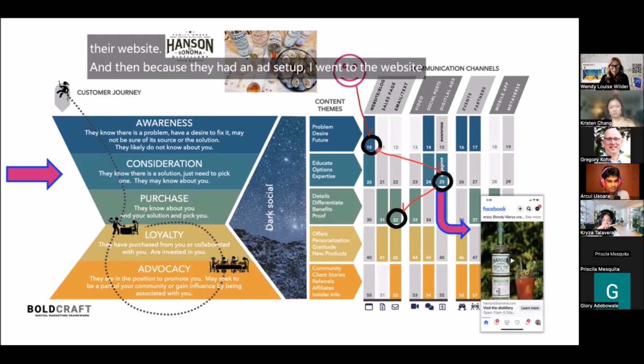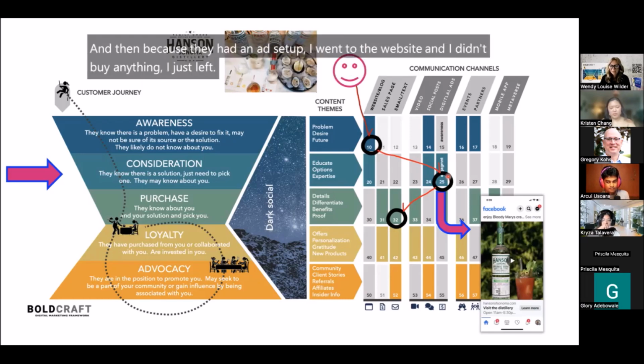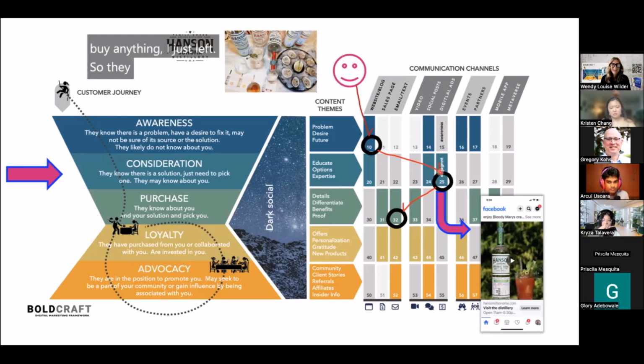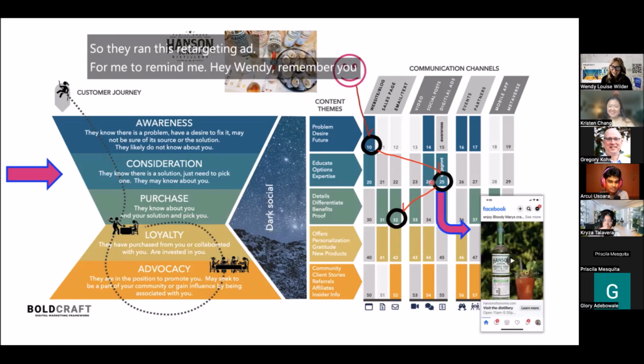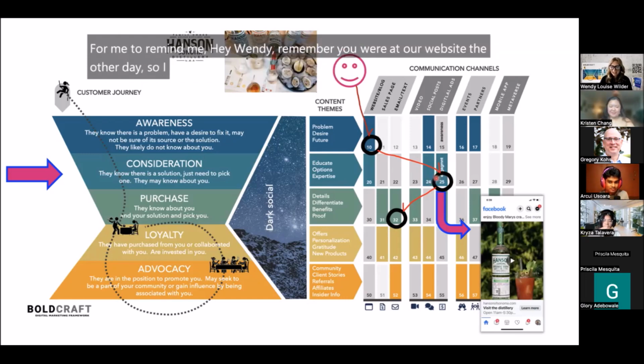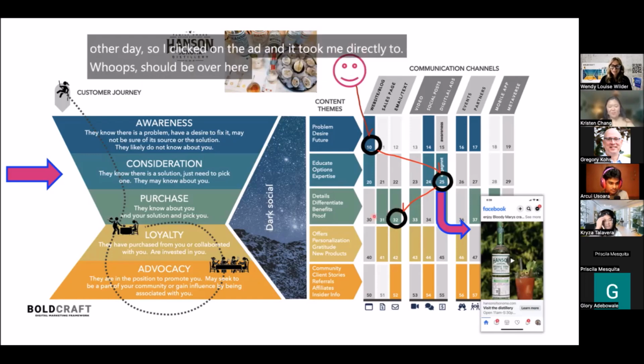I just left. So they ran this retargeting ad for me to remind me, hey, Wendy, remember you were at our website the other day? So I clicked on the ad and it took me directly to the sales page so I could buy vodka.